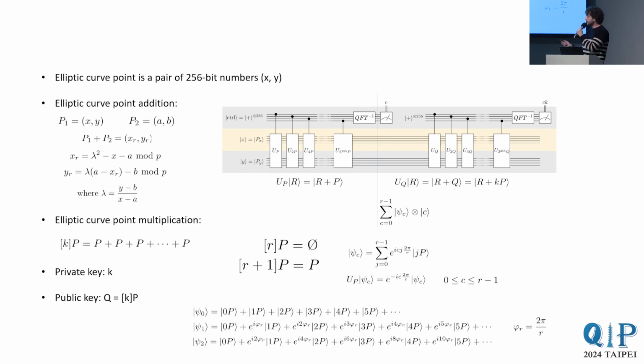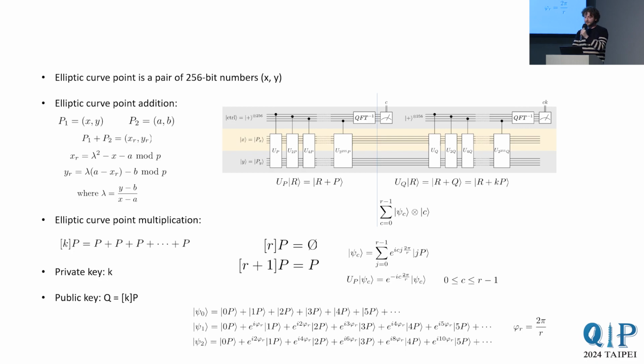We can use this to understand what all the eigenstates of UP look like that overlap with the base point p, because they're all just equal superpositions of all multiples of p, and only differ by how quickly the phase winds as you go through the superposition. So there's, for example, the eigenstate psi0, which is 0p plus 1p plus 2p plus 3p and so on. Or the state psi1, which is the same superposition, but there's an increasing phase in front of every superposition term.